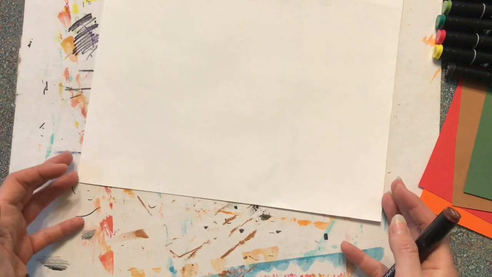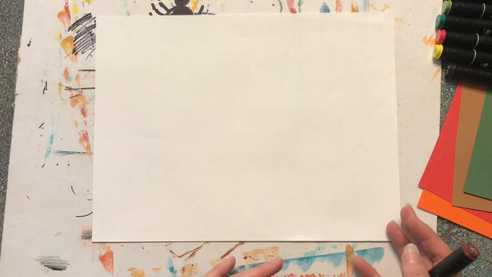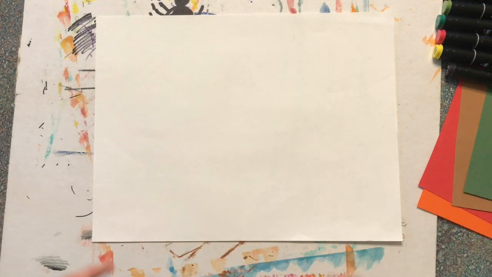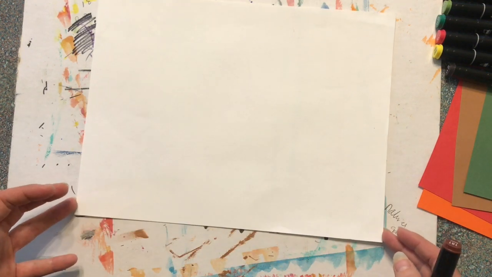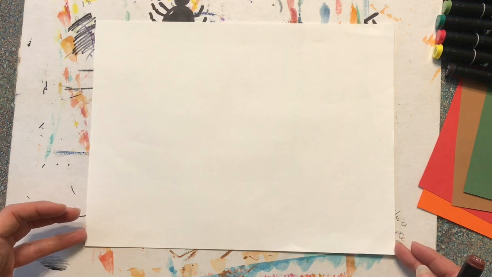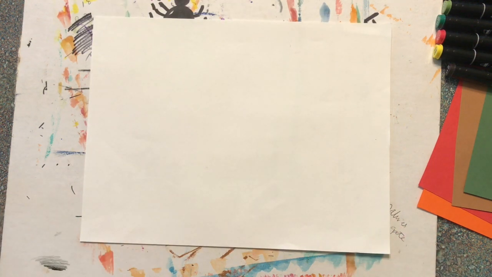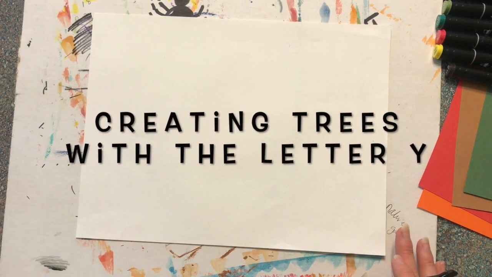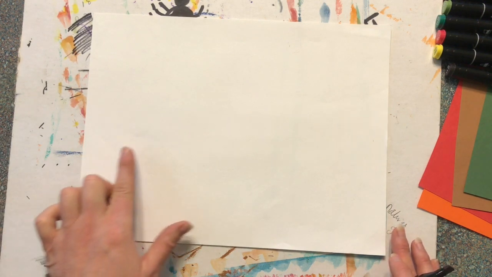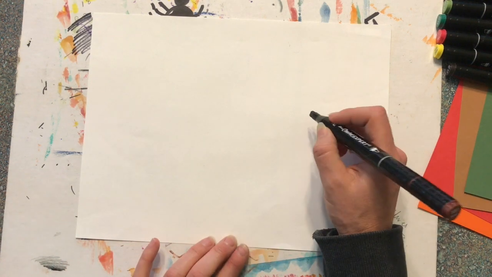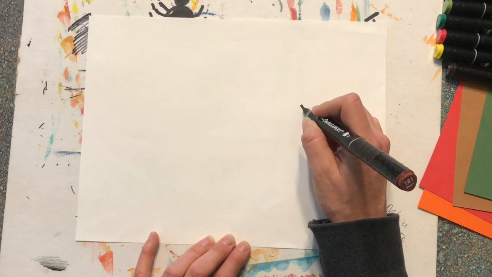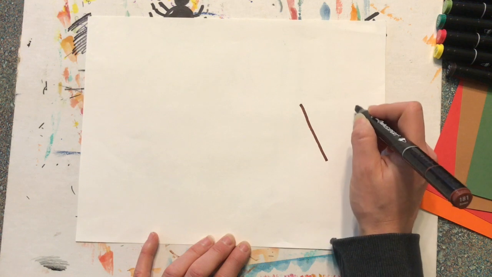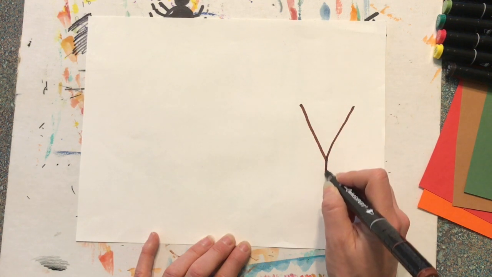It's totally up to you how you hold your paper. I'm going to hold my paper in a landscape style, and we're going to draw the letter Y. So find a space anywhere on your paper, and write the letter Y to form our tree.